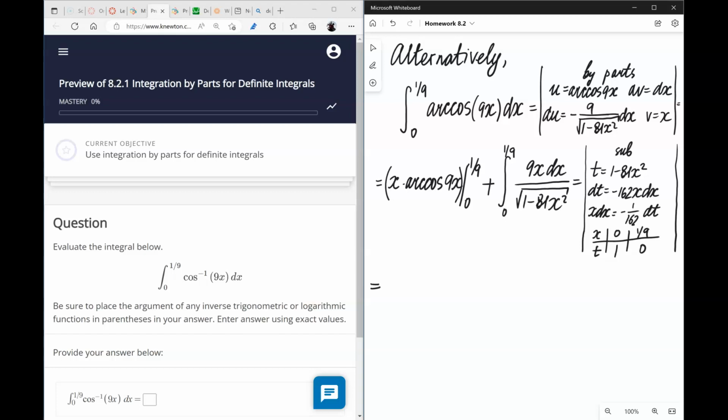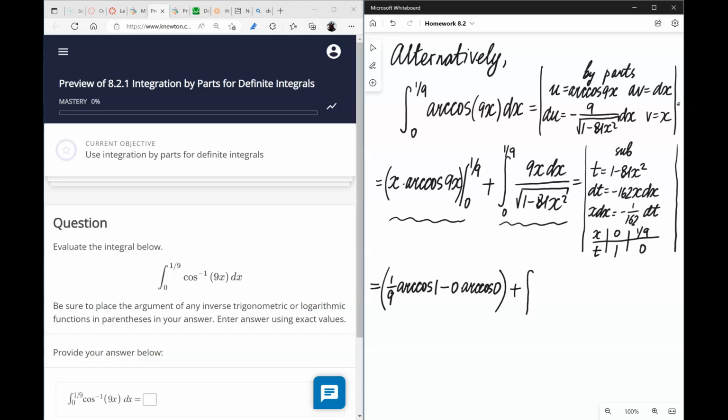So now we're applying the fundamental theorem of calculus here. So we get 1/9 arc cosine of 1 minus 0 times arc cosine of 0. So that part is done. And now we're continuing with this integral.